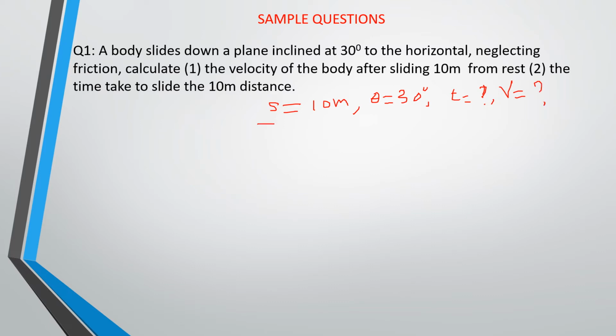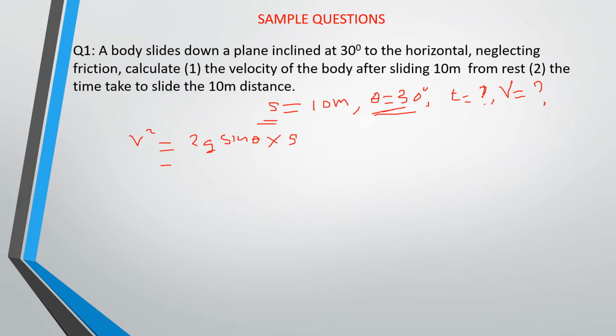So if you look at these variables that you are given, the equation that will relate distance and the angle to find final velocity is the third equation. And from what we got just now, from the third equation, v squared is equal to 2g sine theta times s.